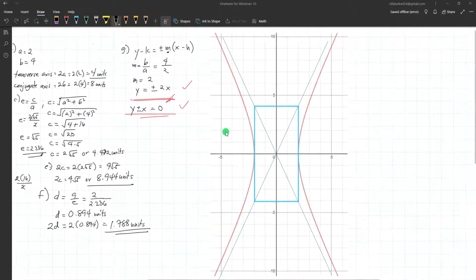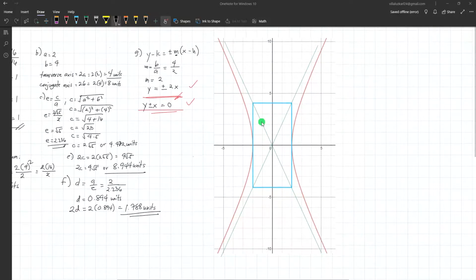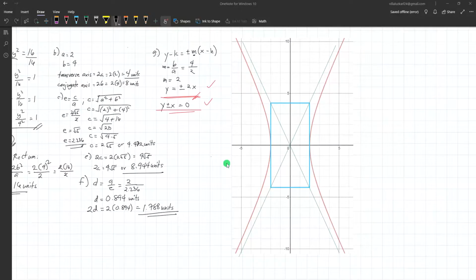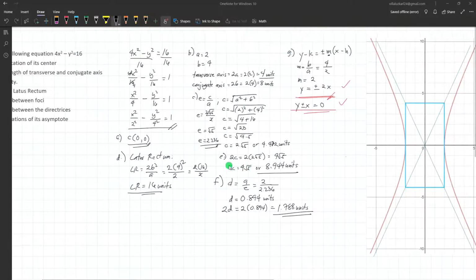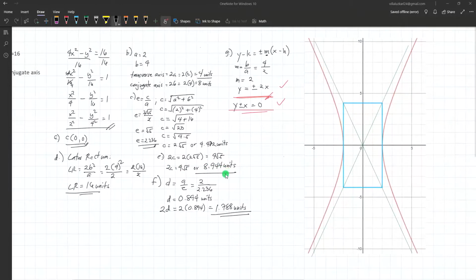This is the graphical representation of the equation for a hyperbola, which is 4x squared minus y squared equals 16. So in drawing a hyperbola, you should draw first this box using the semi-conjugate and semi-transverse axis, a and b.